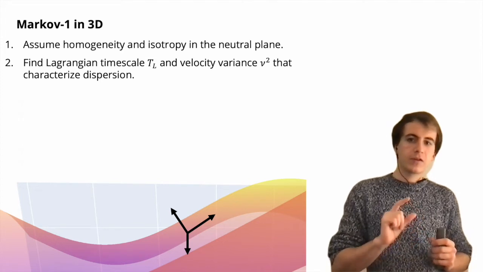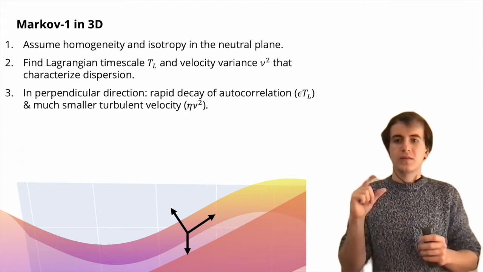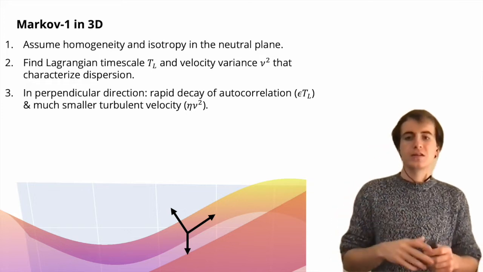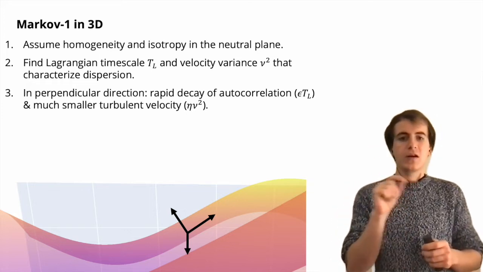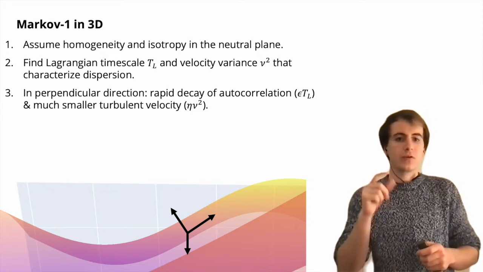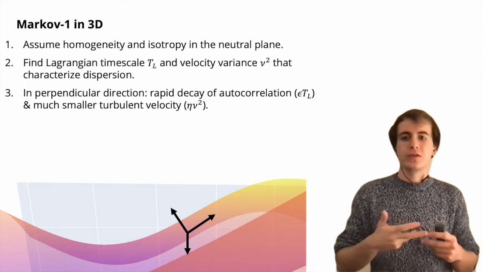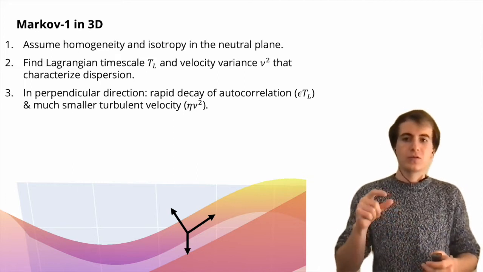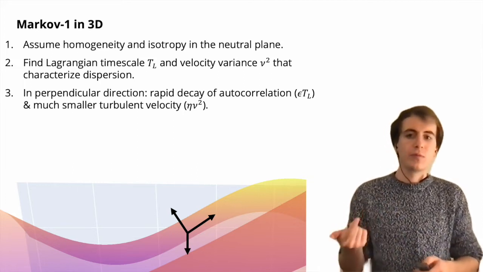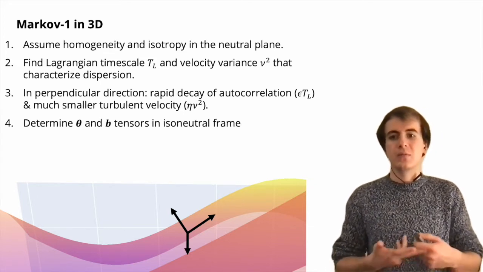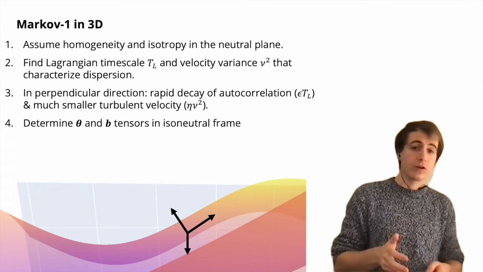In the perpendicular direction, we assume that the velocity autocorrelation rapidly decays. So instead of TL, we have this epsilon TL, where epsilon is a small parameter, and we have something similar for the turbulent velocity. So we use this eta as a small parameter here. Then this allows us to determine the theta and b tensors in the isoneutral frame.